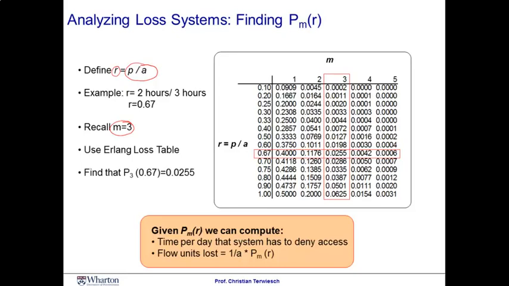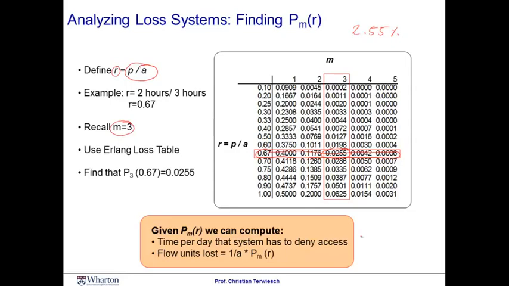And then the last thing that you need to do is you need to go into a big table that I will provide you, and in this table you're going to go into row R, and you're going to go into column M, and where row and column meet you will have the diversion probability. In this case, 2.55%. Again, once you have this number, you're in good shape.